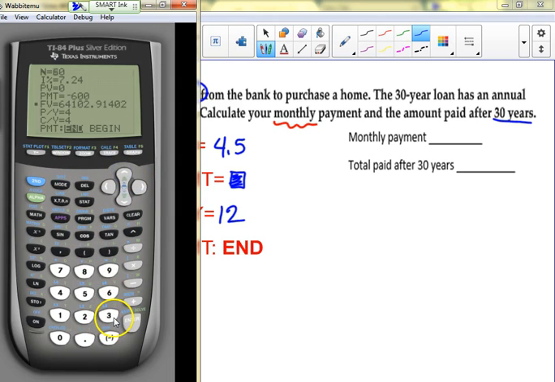It compounds monthly. When you make a payment, they figure your interest off their payment. An annual interest rate just means averaged out over the year. It's still split into pieces. What was the interest, guys? 4.5? Okay.